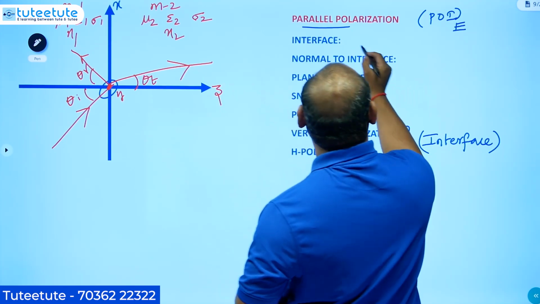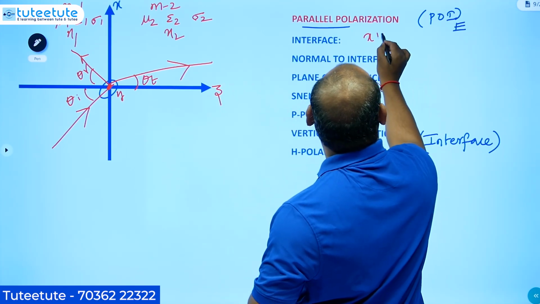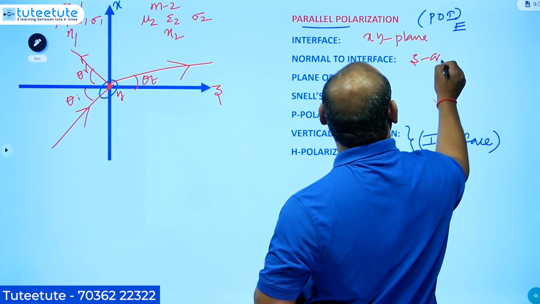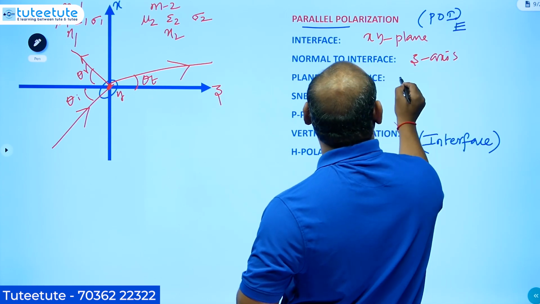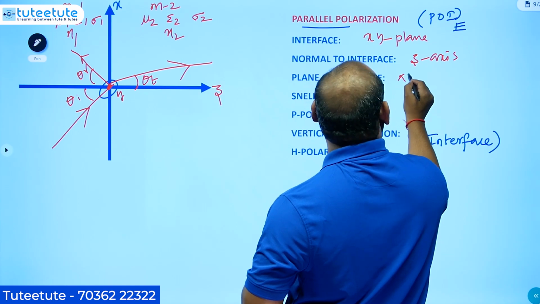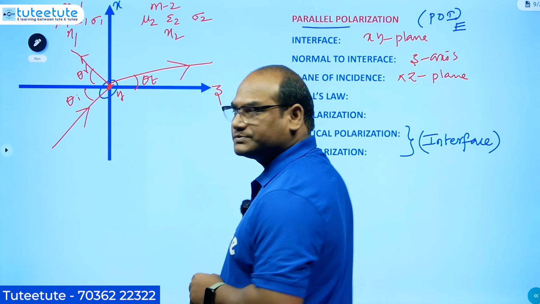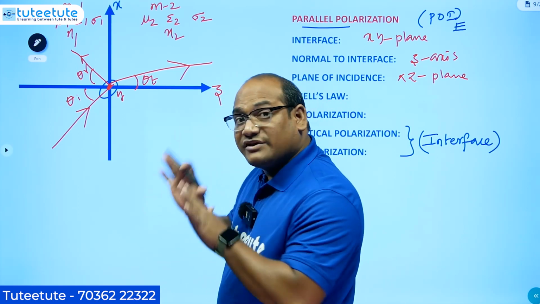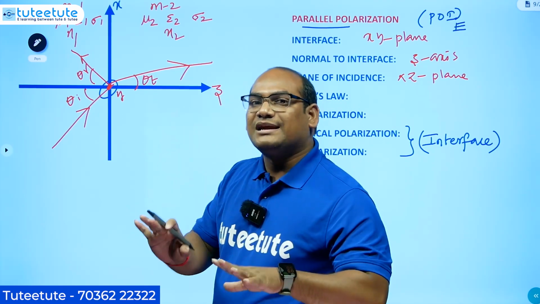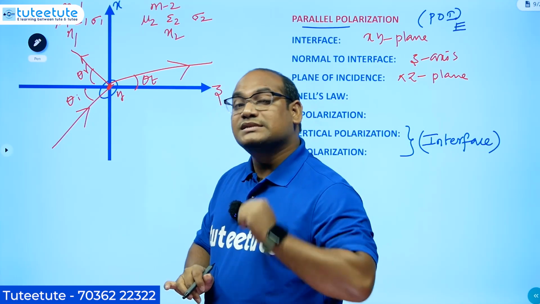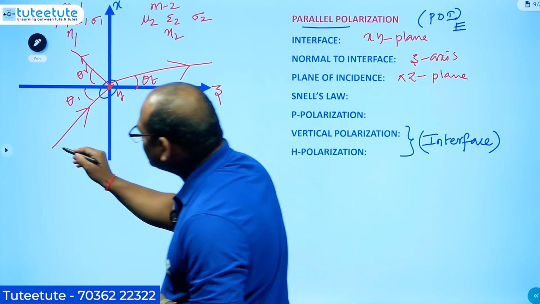Here the interface is the xy plane and the normal to the interface is the z-axis, so the plane of incidence is the xz plane. Snell's law we have already studied. Here the electric field is in the plane of incidence, so the magnetic field is perpendicular to the plane of incidence.